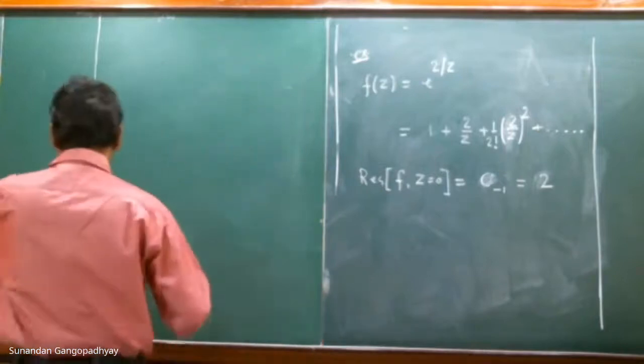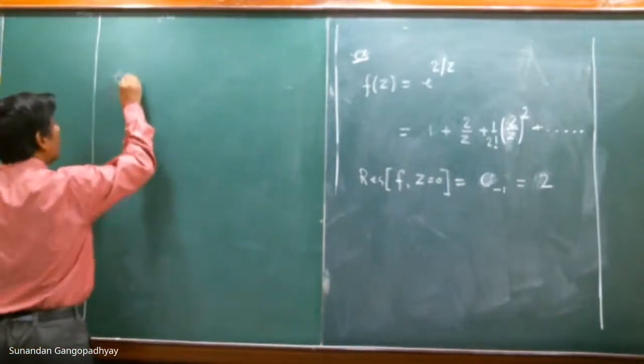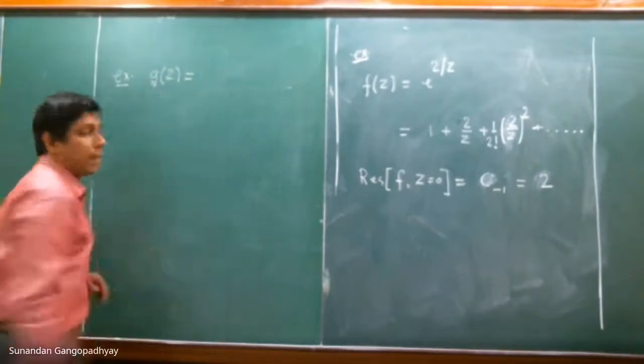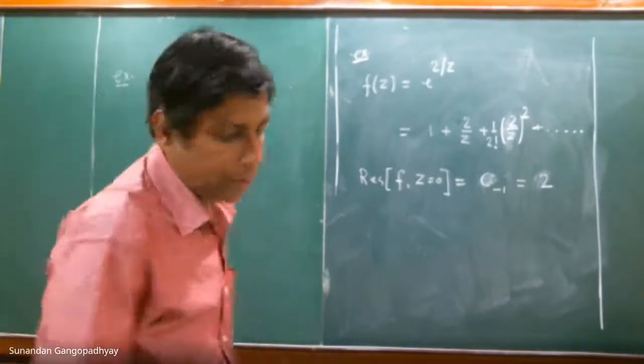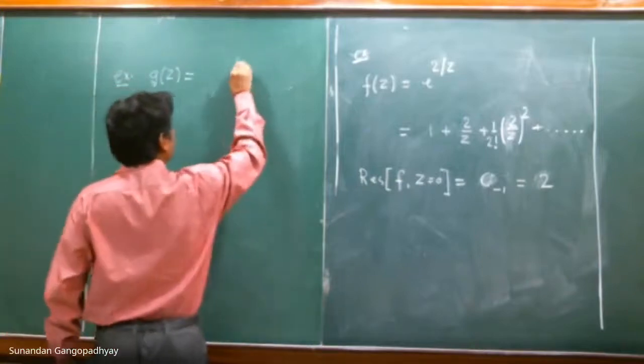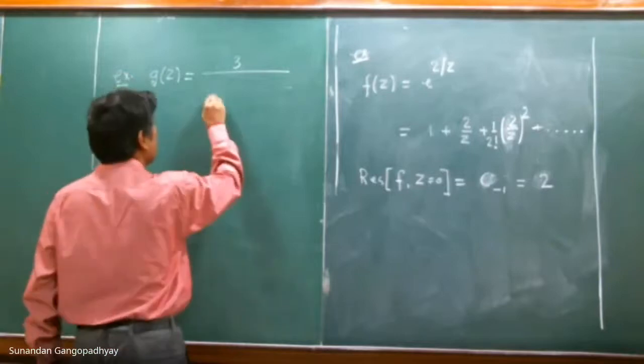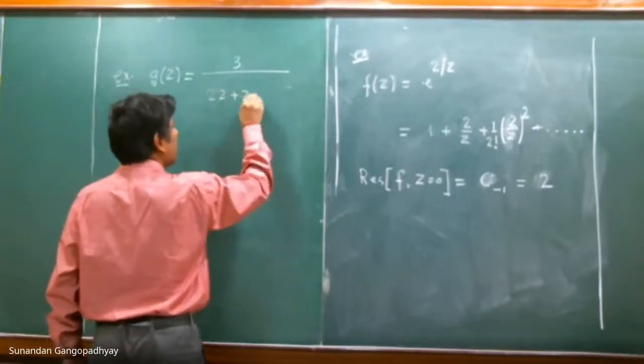If you remember in the previous class, we had done an example, 3 divided by, this was the example that we discussed in the previous lecture.